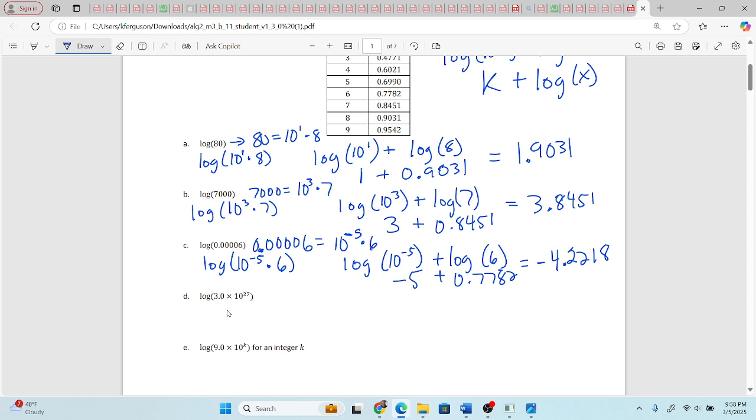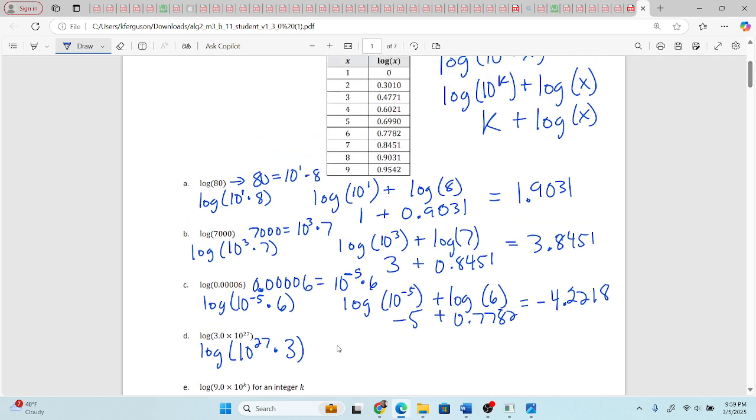So here we go with something else. Well, this one already has our stuff split for us, right? I've got log of 10 to the 27th power times 3. Now 3.03, it means the same thing, right? And it just so happens that 3's up there. So I've got log of 10 to the 27th power plus log of 3.